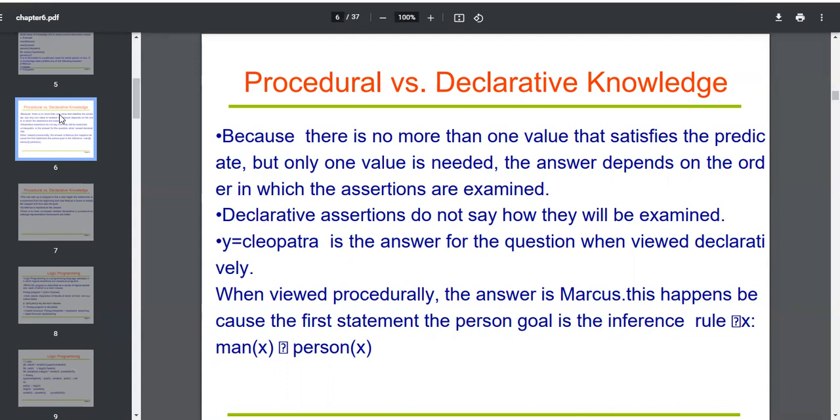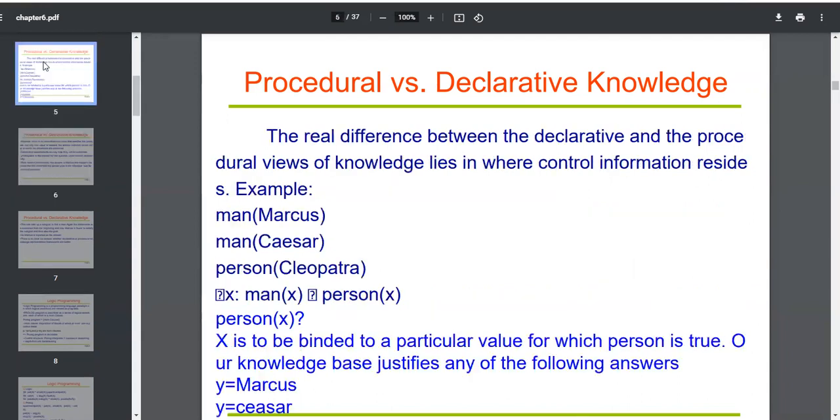In declarative assertions, when you ask a question like person X, it is going to directly search for a fact person X, and if it is not available, it will give false. In our case, person Cleopatra is available, and hence it will return the value of X as Cleopatra. It is not checking man Marcus, man Caesar in sequence and then reaching person Cleopatra, because this control information won't be there. It will be additionally added. So the core information you have is the facts only.